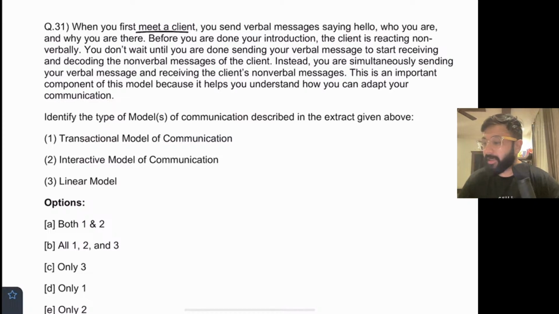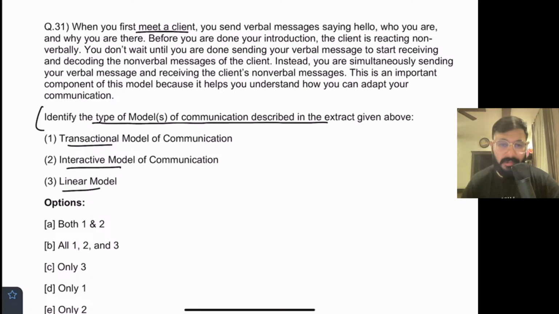Question number 31. When you first meet a client, you send verbal messages, etc. कुछ लिखा है. पहले क्वेश्चन पढ़ लेते हैं. Identify the type of model of communication described. ट्रांजैक्शनल, इंटरैक्टिव, लीनियर. अब हमें समझ आ गया क्वेश्चन में पकड़ना क्या है. You send verbal messages saying hello, who you are and why you are there when you meet a client. Before you're done your introduction, the client is reacting non-verbally.